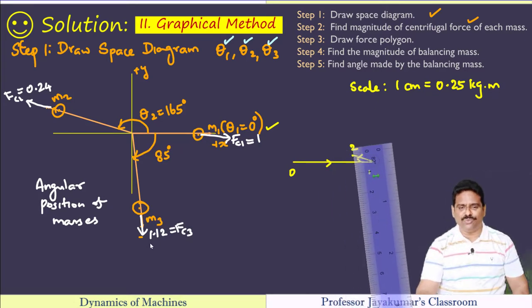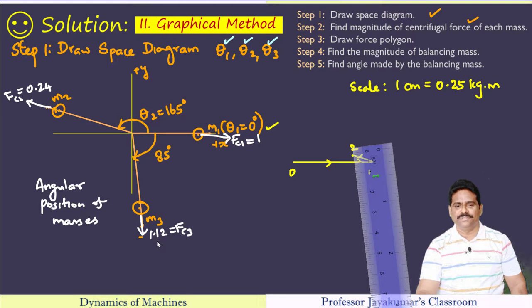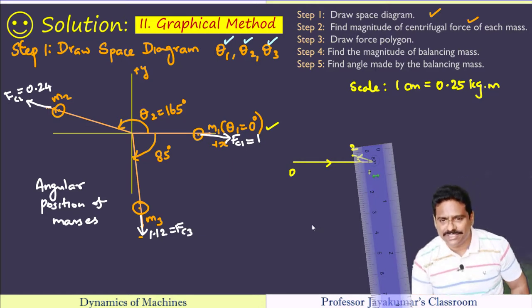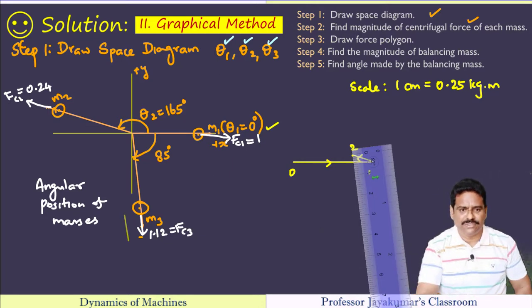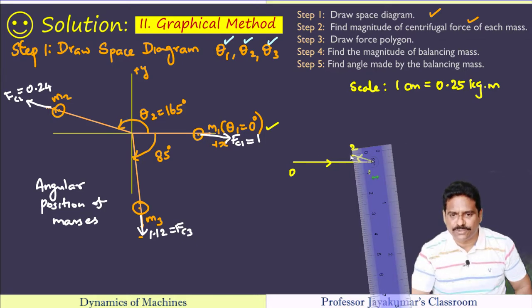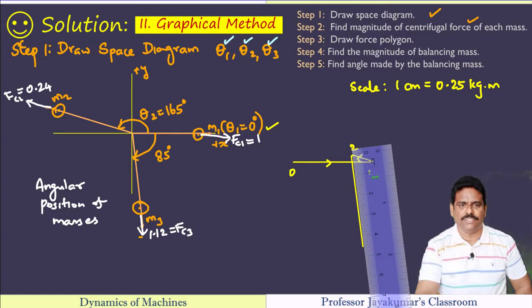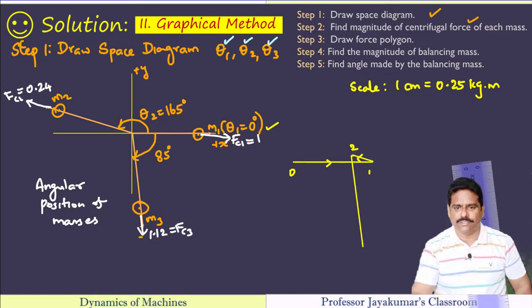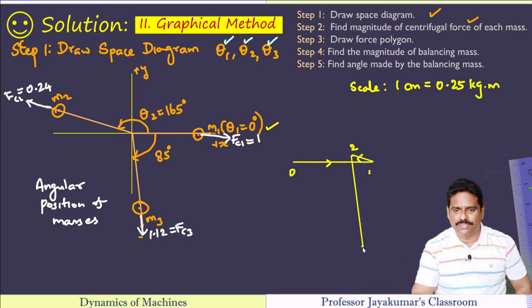So what is the magnitude? 1.12. So 1.12 divided by 0.25, you would be getting about 4.5 centimeter. Am I right? What is the direction? So radially outwards. So I will be drawing this 4.5. Yes. This is my closing point 3.